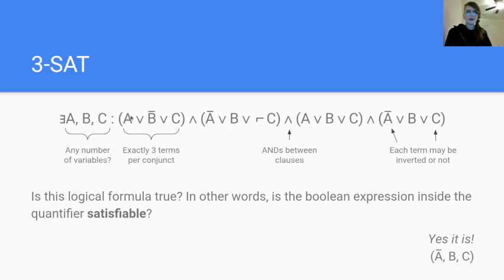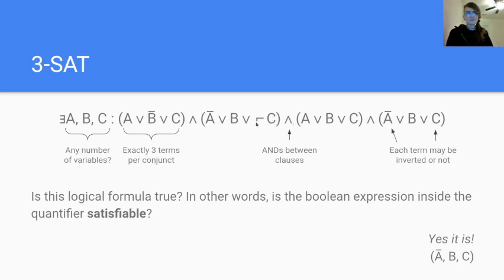So you notice that we have these terms, or these conjuncts. Because this and operation is also called conjunction, and this is called disjunction, the or. So you have these conjuncts that are joined by ands, and each one is made up of a bunch of terms joined by ors.